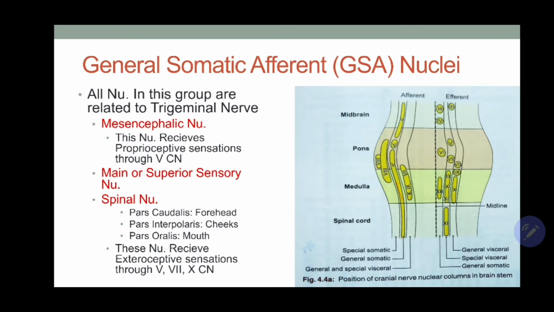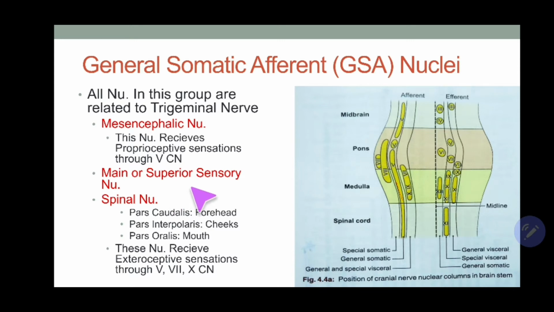Then the muscles of the tongue, the proprioceptive sensations are also brought in here, and including trapezius and sternocleidomastoid. These sensations, although, will follow the pathway of the spinal nerves, right? That is, the dorsal column. Okay, so that was about the mesencephalic.